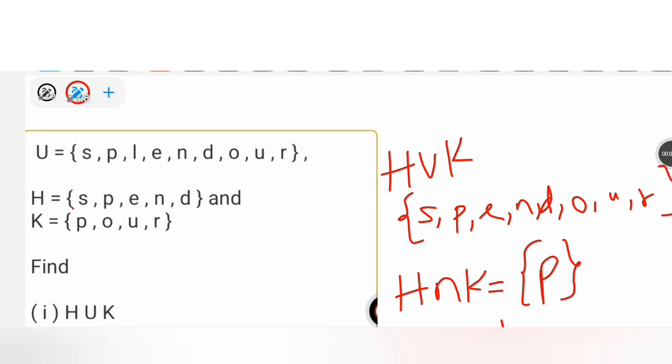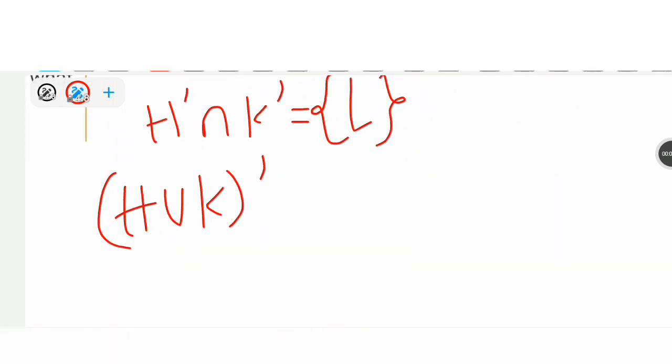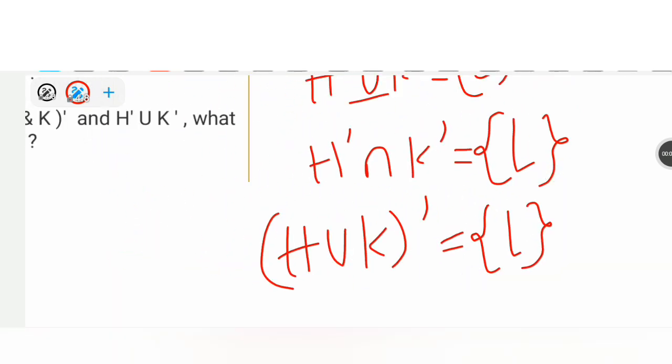So I'm going to remove S, P, E, N, D, O, U, R, so it will remain only L. Only L will be left. So this is equal to L. That's H union K prime.